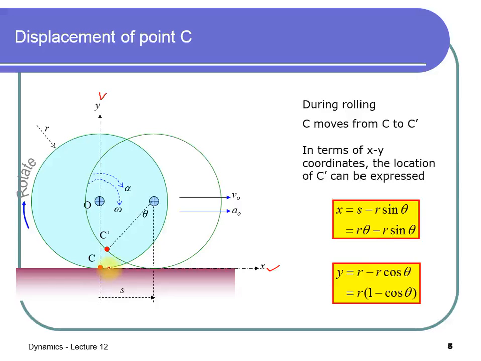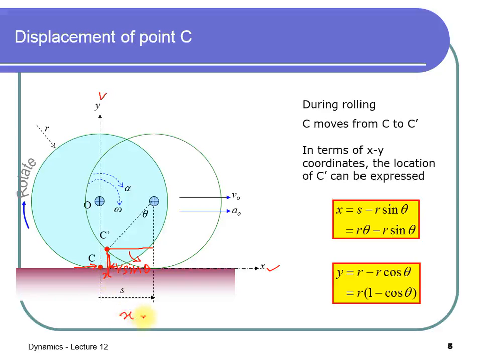We know that this distance is r sine theta, because the theta is given already. So what is the left over here, I mean the distance here? This one I call x.